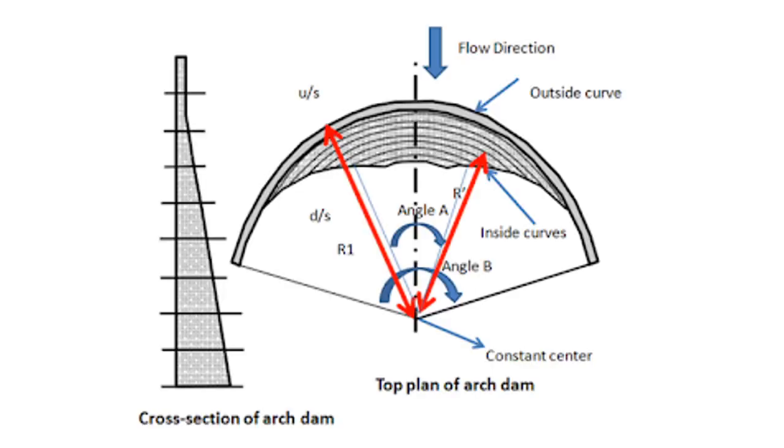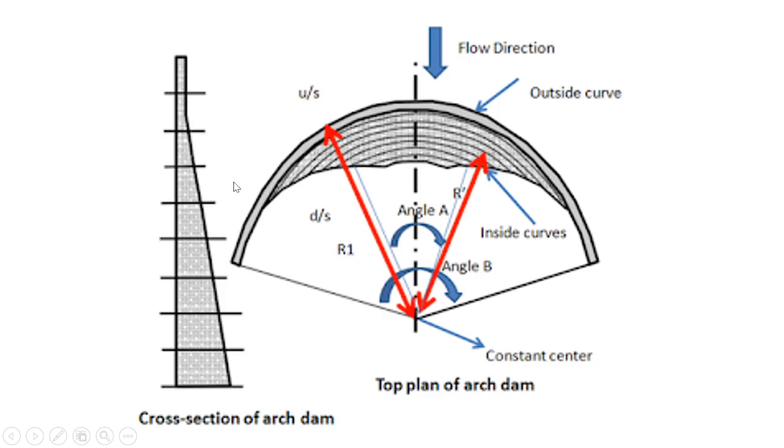This is the typical plan of an arch dam. You can see for every dam there will be an upstream face and a downstream face. See, this is the outer surface of the arch dam. So that is the outside curve where the upstream of the arch dam is located.